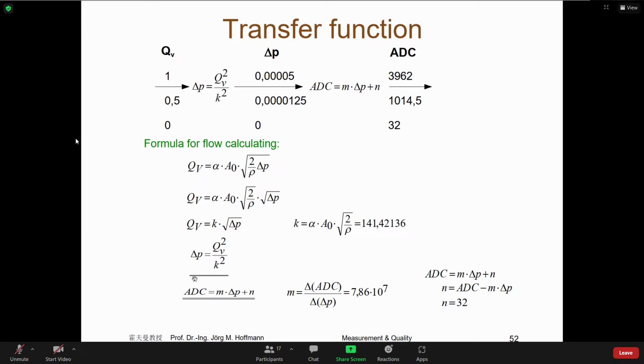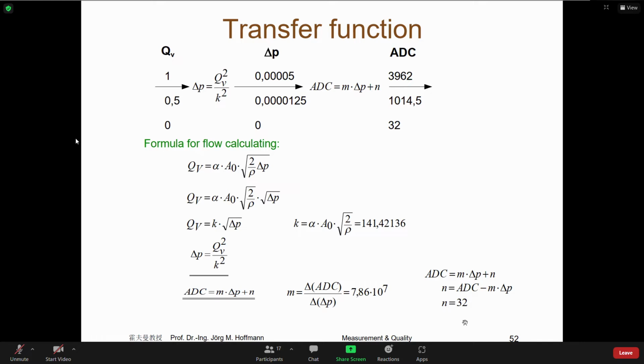And then you can calculate the M and the N, and you see here the M is 7.8 multiplied with 10 powered by 7, and N is 32. And that's also clear because we said at 0 it is 32, but you can also calculate it with the formula.